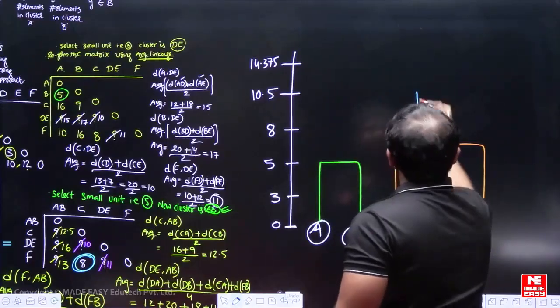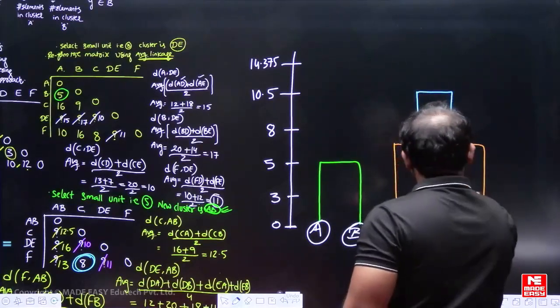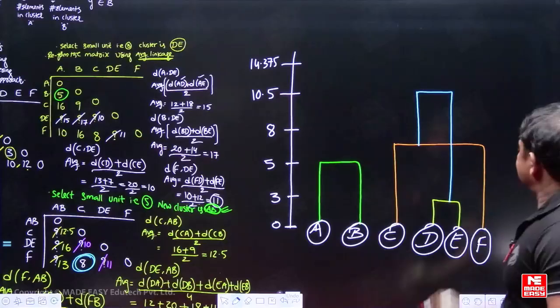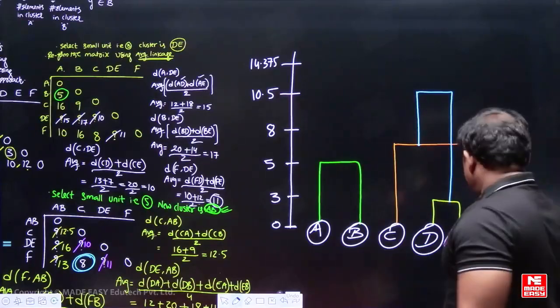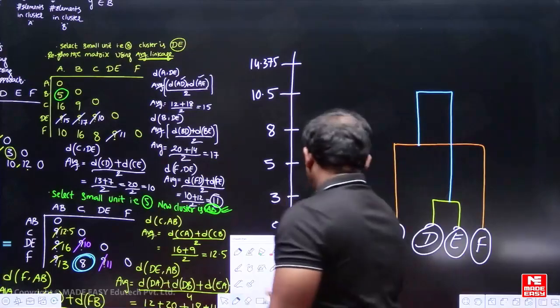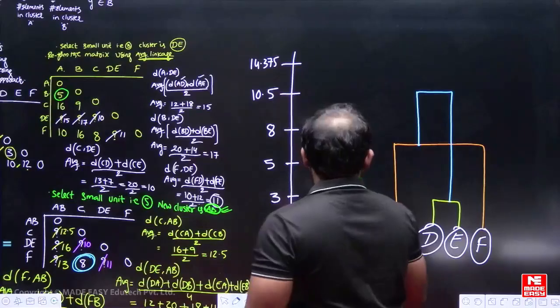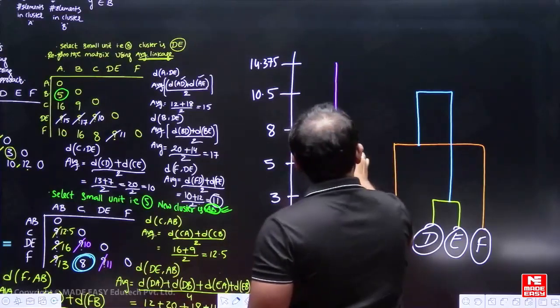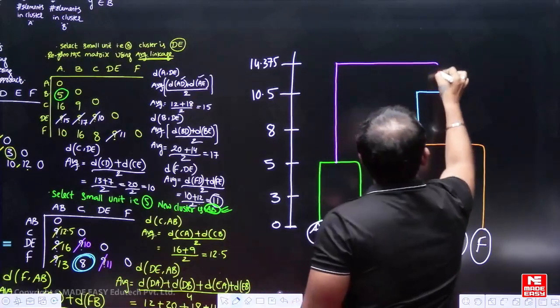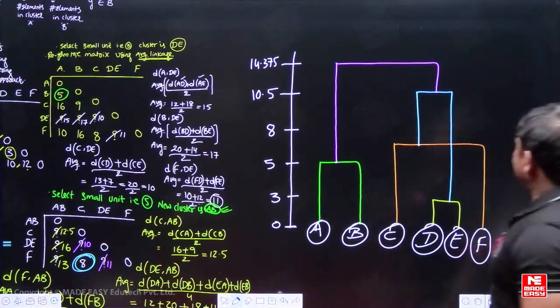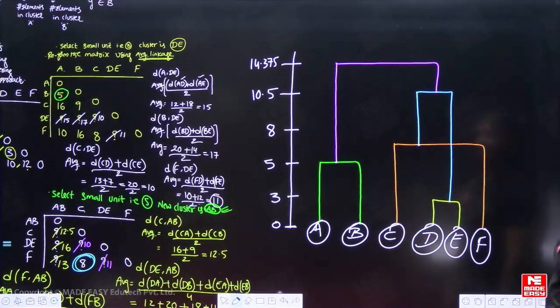CFDE, CF and DE. This is another cluster. All right. Then after that, last one is AB and remaining this. So clusters are formed like this.